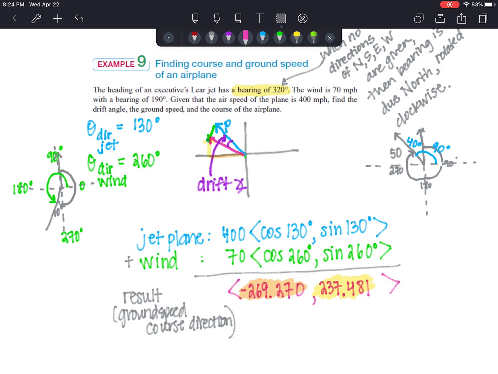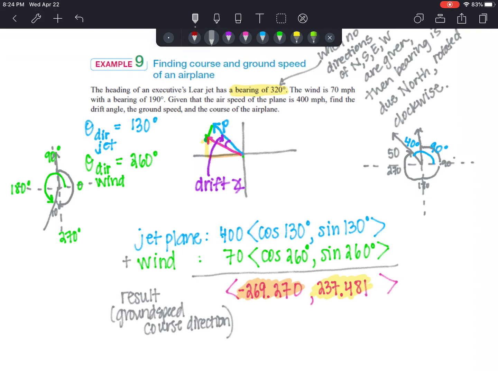So I expect my direction, my course of the airplane, to be, if I put this into northwest bearings, north more than 45 degrees west. So I'm going to just jot that down. North more than 45 degrees west.